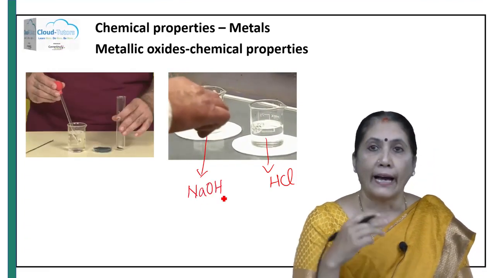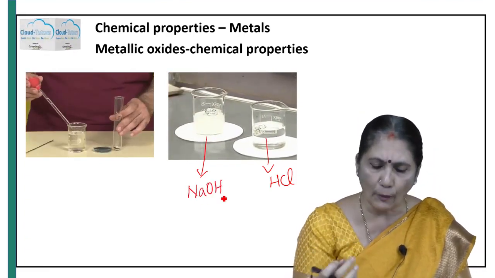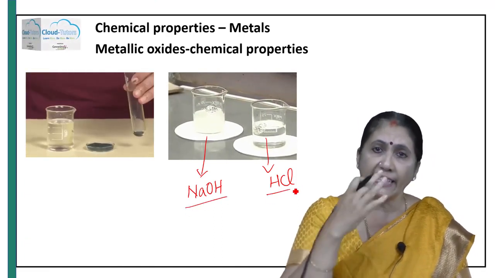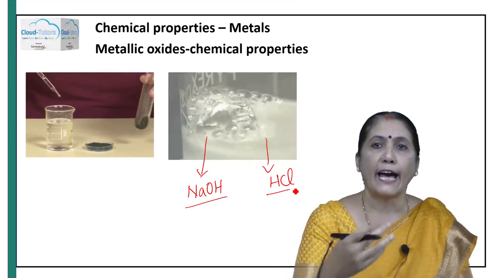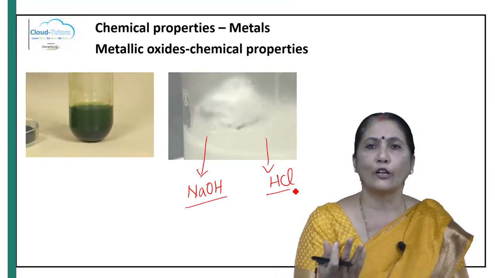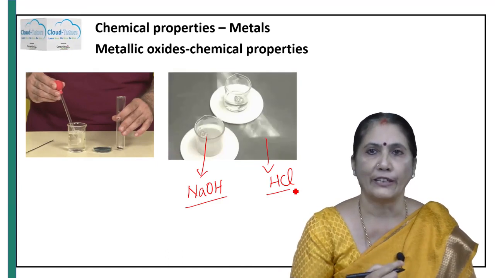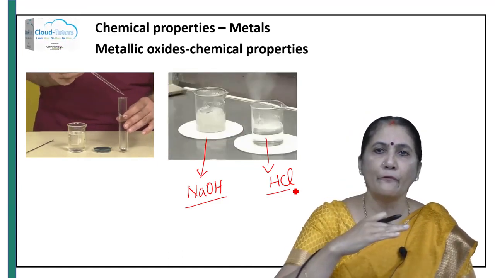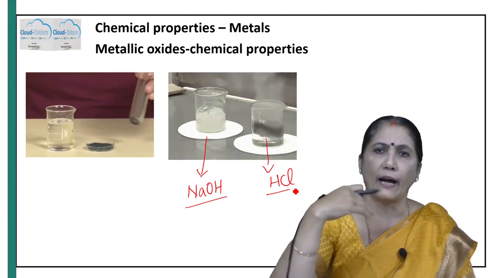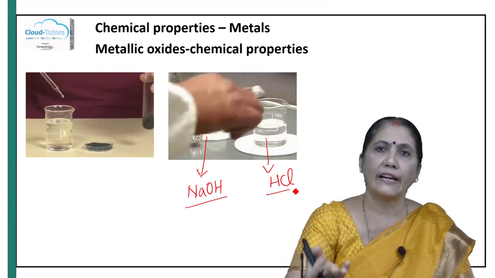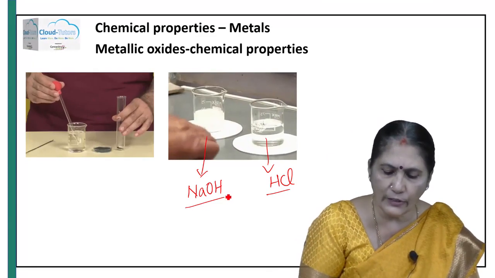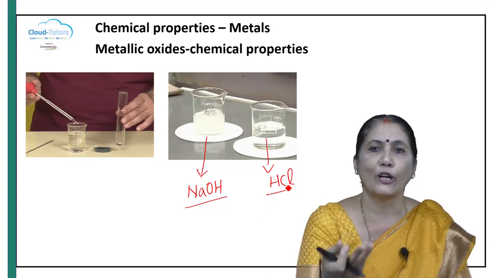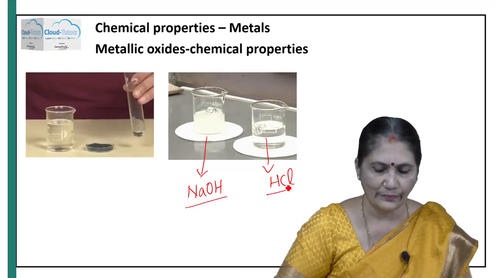So aluminium, when dropped into NaOH and HCl, reacts to form what is called salt and water. Indirectly, aluminium combines with oxygen to form alumina, and alumina reacts with the base, NaOH, or the acid, HCl, to form subsequently salt and water.